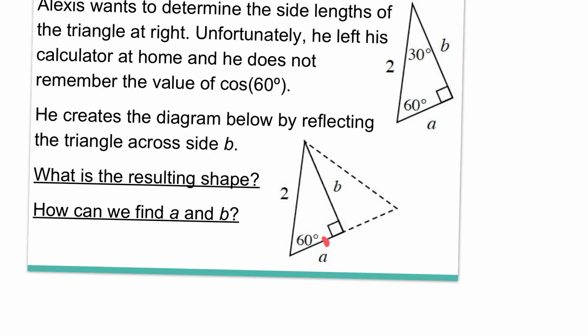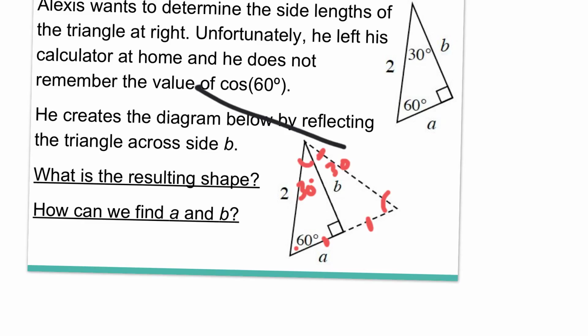This is the same as this. If this is 60, if this is 30, if this is 60, what must this be? Probably already guessed it, it's 30. So if I redrew it, oops, let me go back.